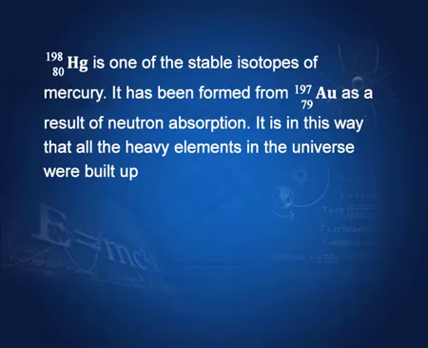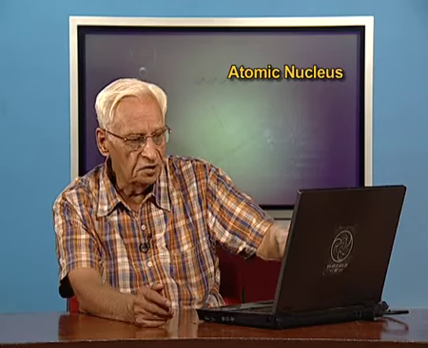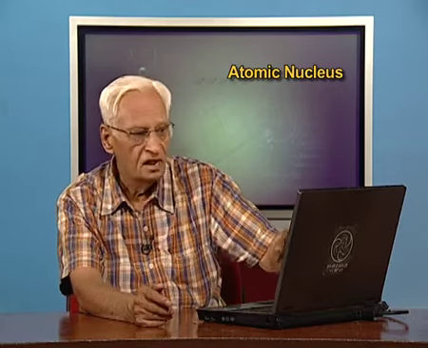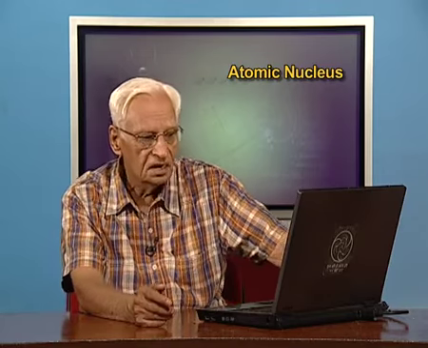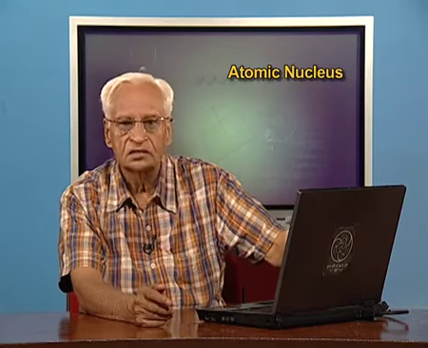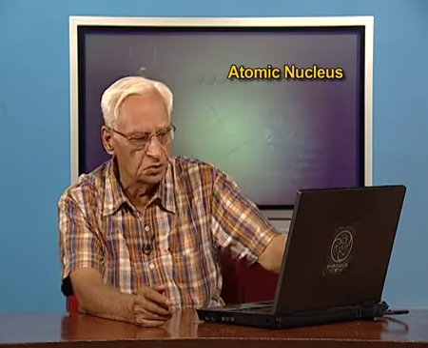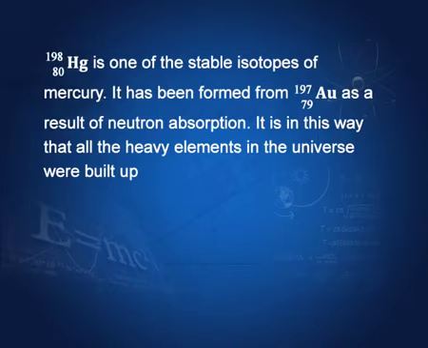It becomes mercury 198, 80, with the emission of an electron and an antineutrino. And since it emits an electron, one more positive charge, one neutron has been converted into a proton, and therefore the atomic number of the daughter nucleus increases by 1.